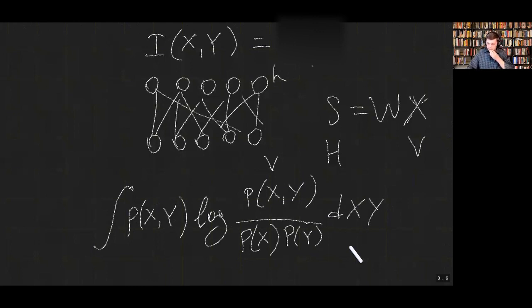So we want to minimize the KL divergence of these two, and we know that y is Wx plus some noise, maybe.